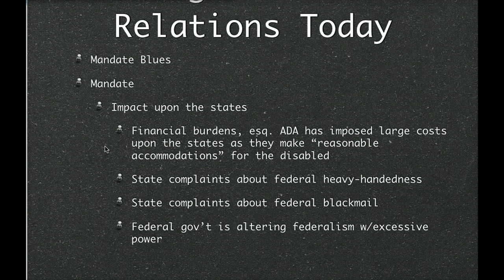And the states stuck their tail between their legs, and all of them moved up their drinking age to 21, and now the money began to flow from the federal government again for highways. And it can be said that the federal government is altering federalism with an excessive use of power. I think that's also definitely true.